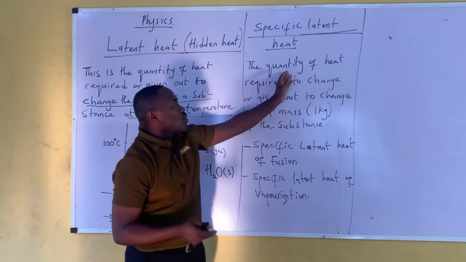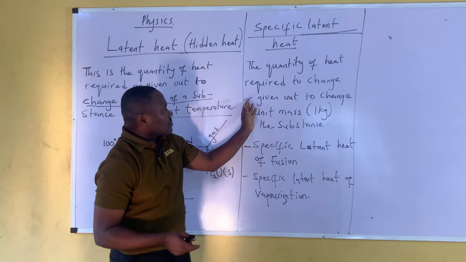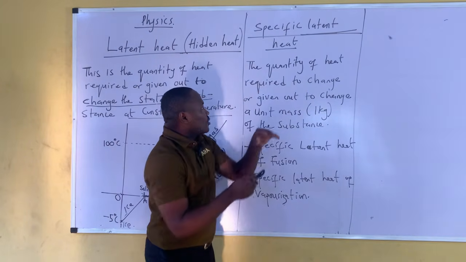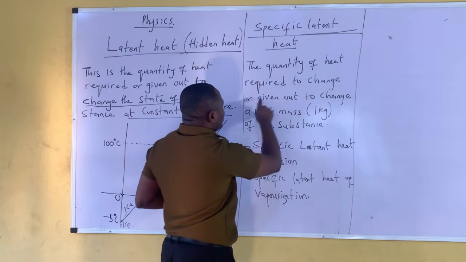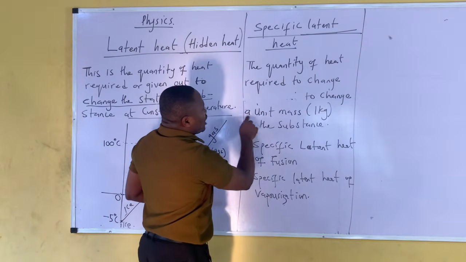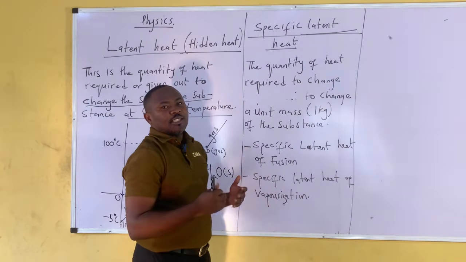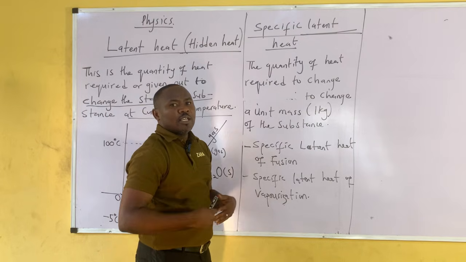So look at it. The quantity of heat required to change a unit mass, which is 1 Kelvin, of the substance. So this heat is either acquired or it is given out.